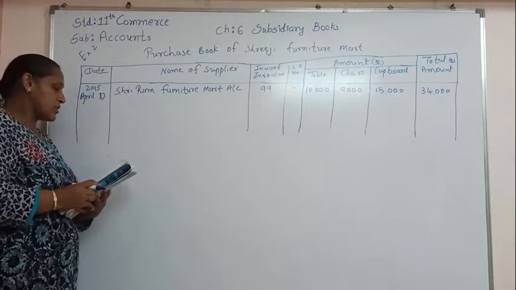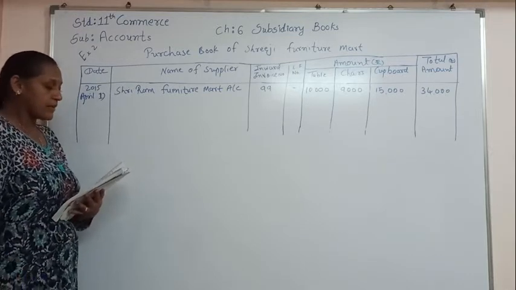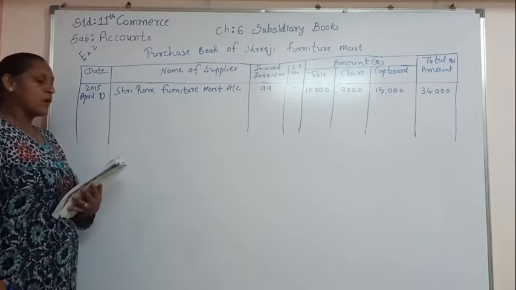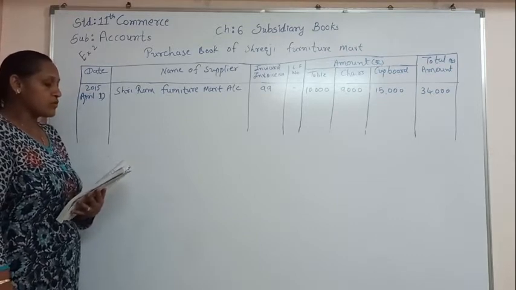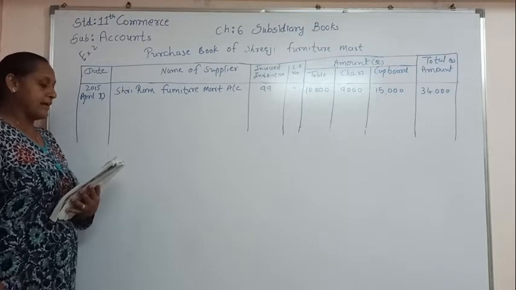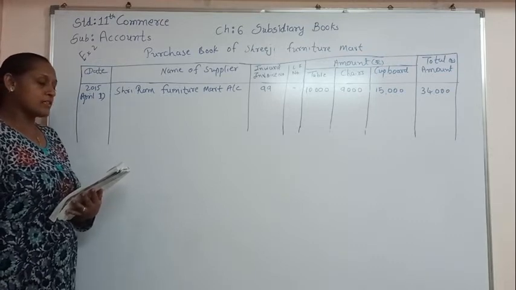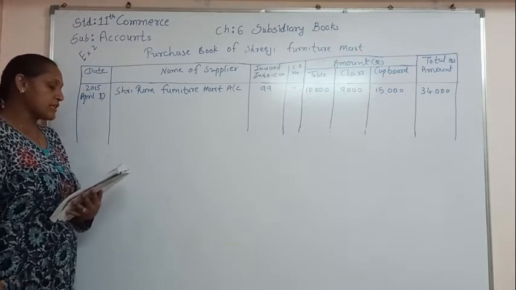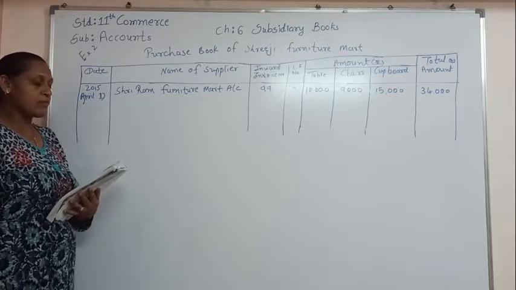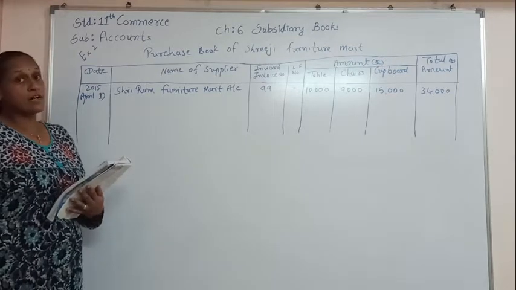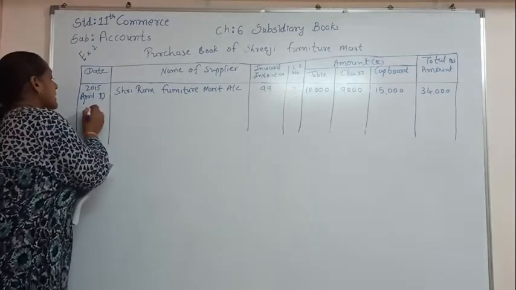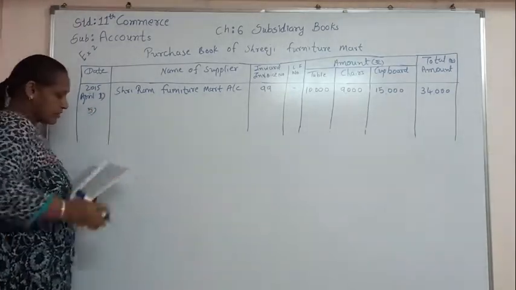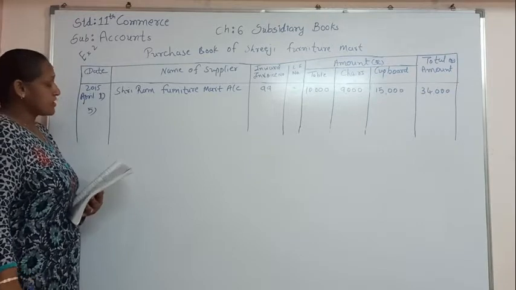Purchase from Sri Krishna Furniture Mart: 10 pieces of table at 1,200 per piece, 12 pieces of cupboard at rupees 2,500 per piece, and at 10% discount. Invoice number 126 received. Half the amount is paid immediately by cash. So here half the amount is paid. That means we are going to consider the whole transaction as a credit transaction, and we are going to write it in the purchase book.